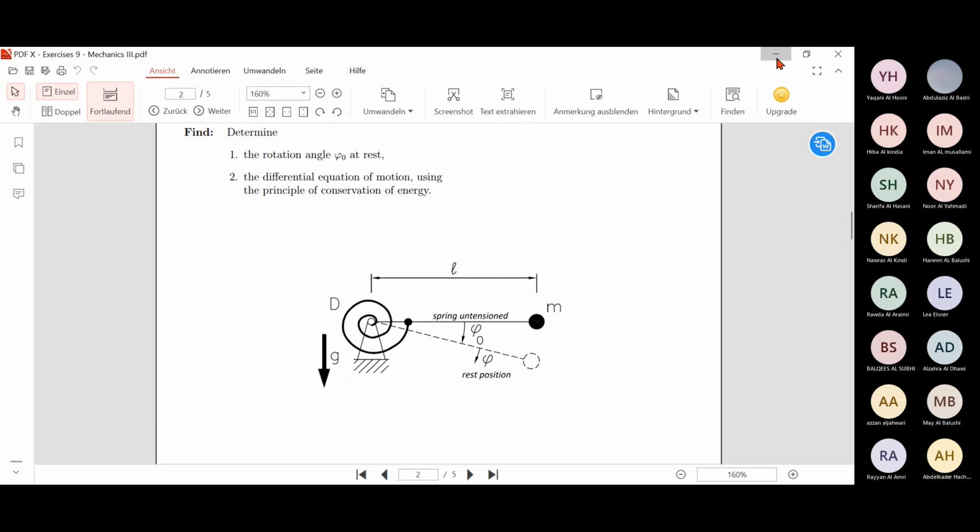Okay, now it's only to define the potential energy of the spring. For a normal spring, we know that the energy is only half of C multiplied by delta S or delta X squared.